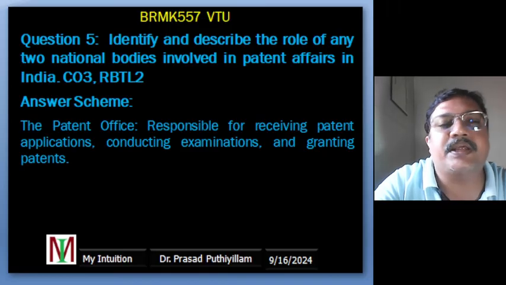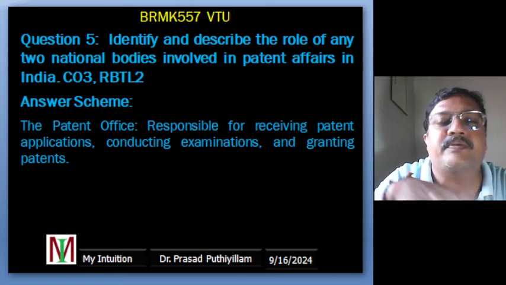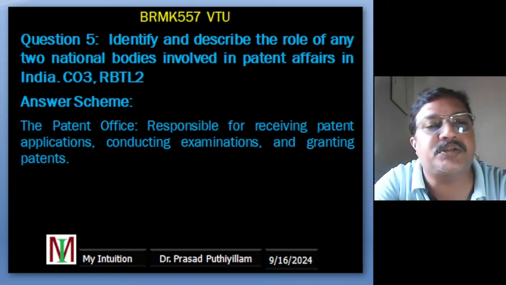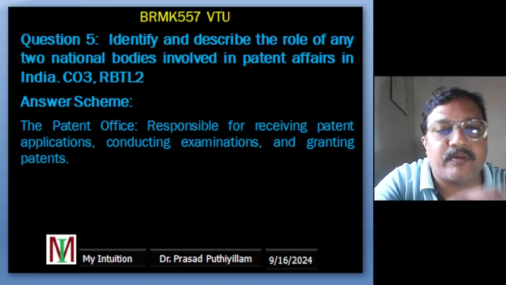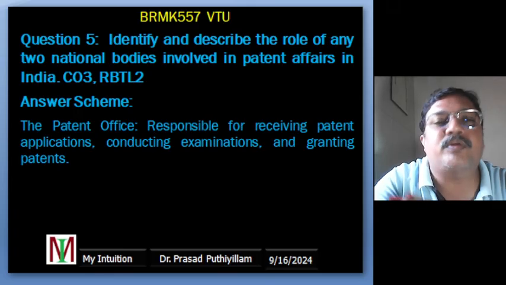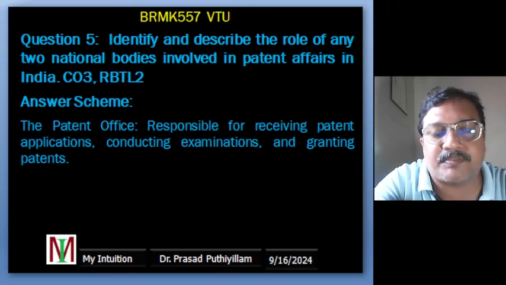Suppose we invent a new type of bicycle which folds up in a unique way. To make sure that no one can copy our invention, we go to the patent office and fill out the patent application. The patent office will look at our application.